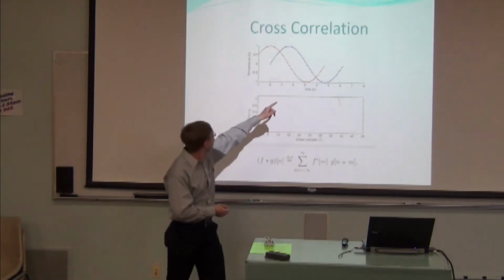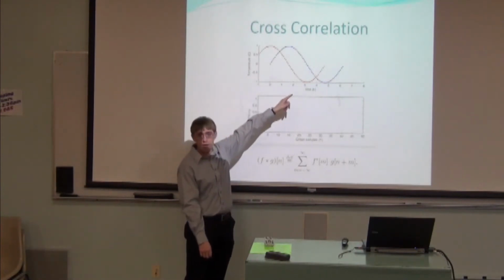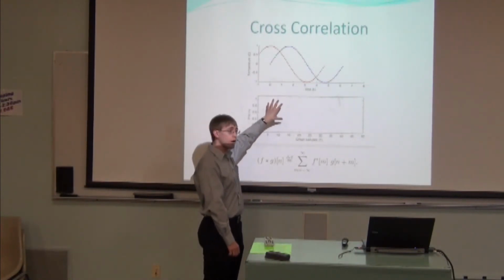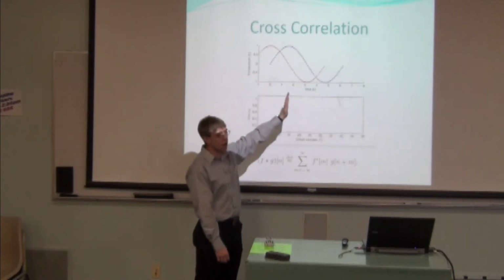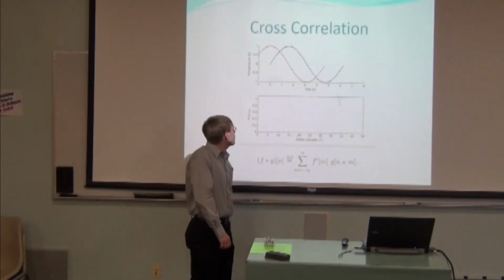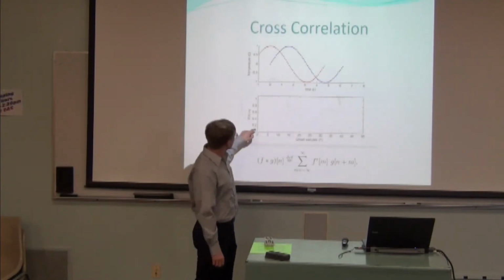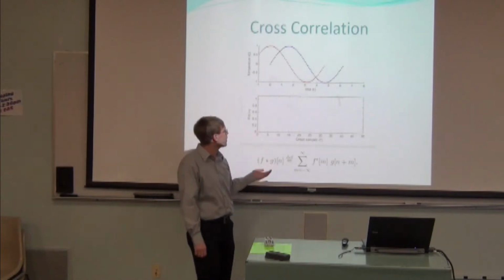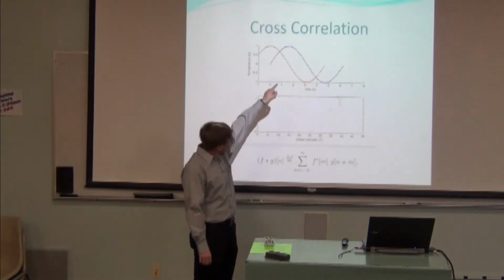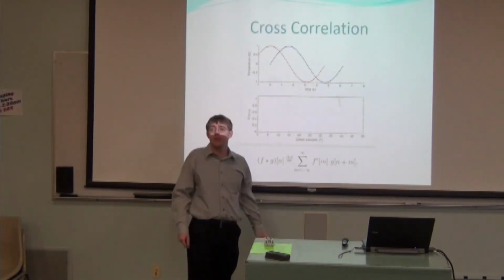So if you look here, we have a graph of 2 different sine waves, and this is a movie. I'm going to play it, but watch as the red sine wave moves across the blue sine wave. And down here, you'll see the correlation coefficient, which you can calculate from the cross-correlation. So if these are lined up, you should have a correlation coefficient of 1.